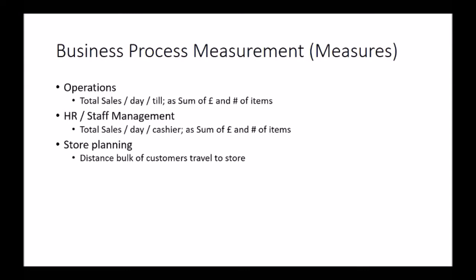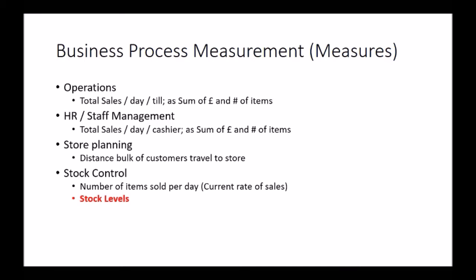Now if our customer ID table has customer addresses, we can then use some kind of analysis to see how far customers travel to get to our store. For stock control, clearly the same data model will give us a total number of items sold per day, and we can work out from that the current rate of sales of each item of stock.